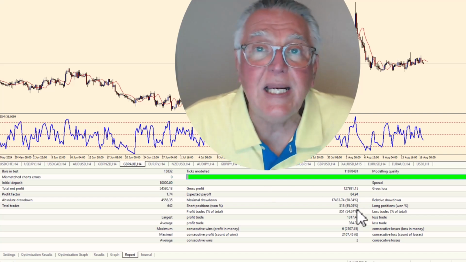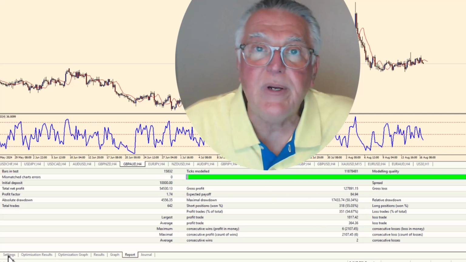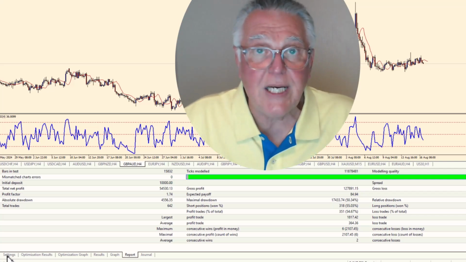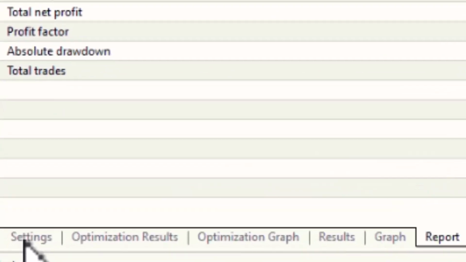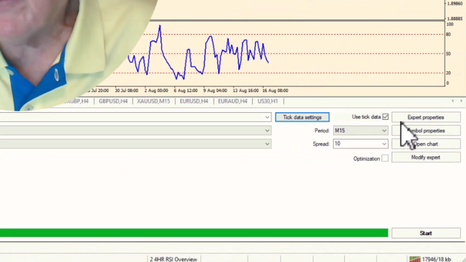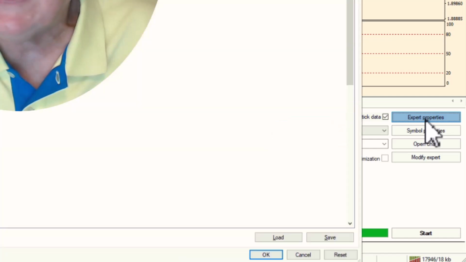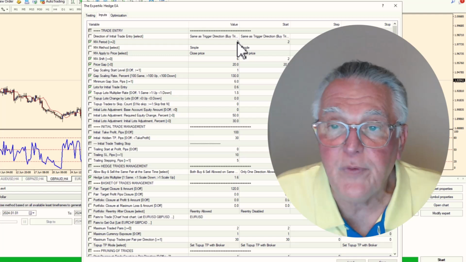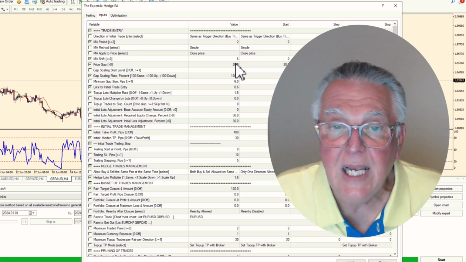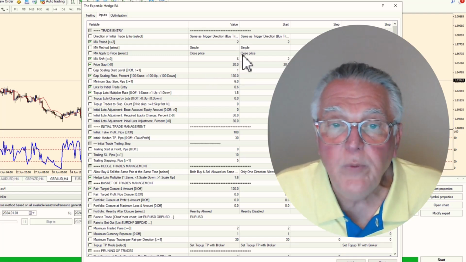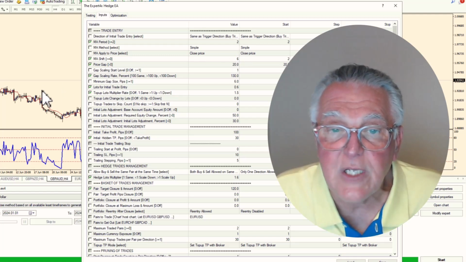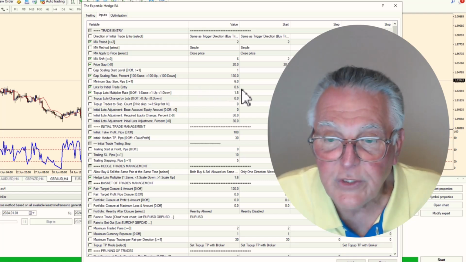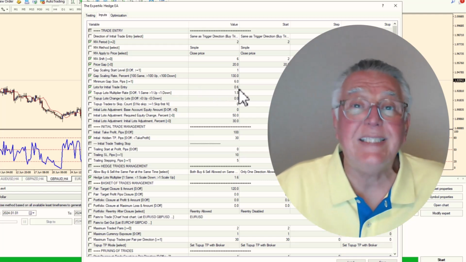So the first thing that I'm going to do, and as I've mentioned previously, is we're going to look at lowering the lot sizing. So I'm going to just do exactly that. I'm going to settings, and I'm going to expert Forex properties, and there are the actual settings that have come through. So what we need to do is find the lot sizing, and there is the lot sizing setting for this particular EA, and it's 0.6.